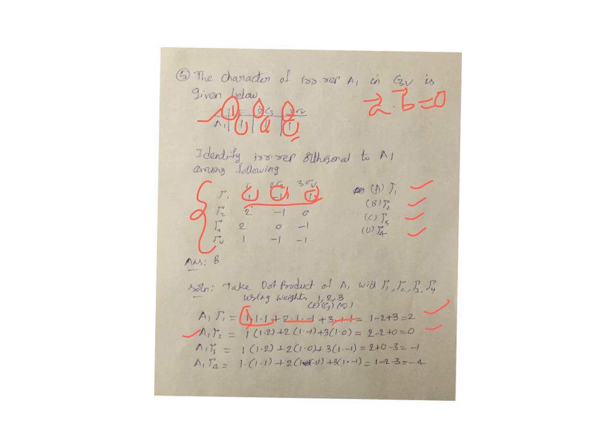So we got 0. A1 gamma 3 we got minus 1. A1 gamma 4 we got minus 4. So for option B or gamma 2 we got dot product 0. So A1 and gamma 2 are orthogonal to each other. So the most important thing is we should not forget to multiply by the weights.